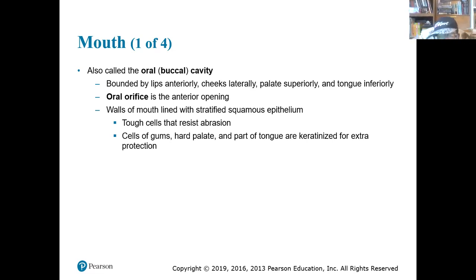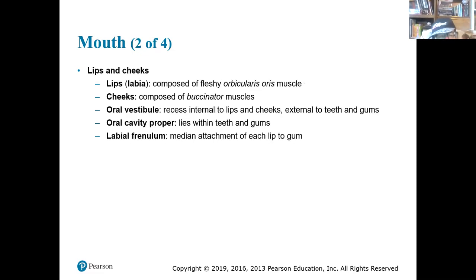The gums, the hard palate, and part of the tongue are keratinized stratified squamous epithelium. That means that just like your epidermis, they have a lot of the protein keratin, which makes them tough and extra good at resisting abrasion.